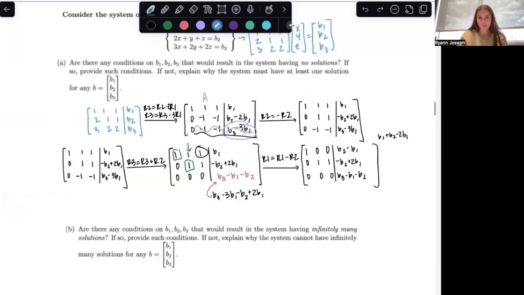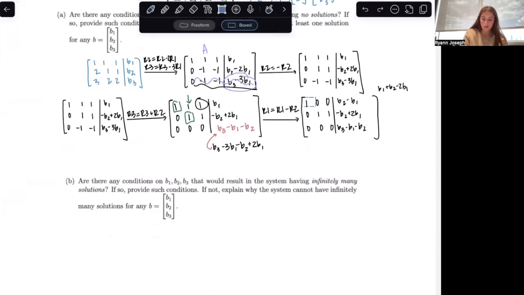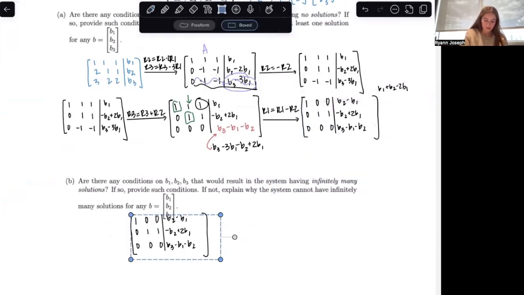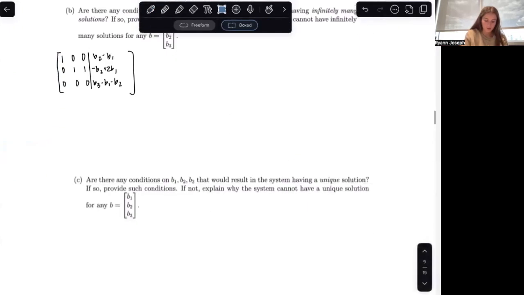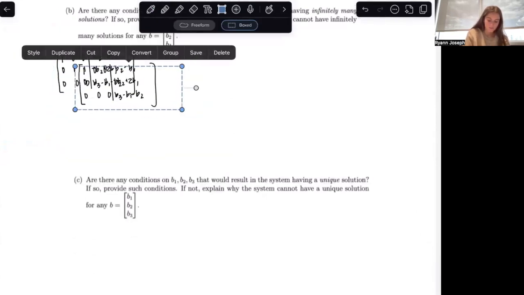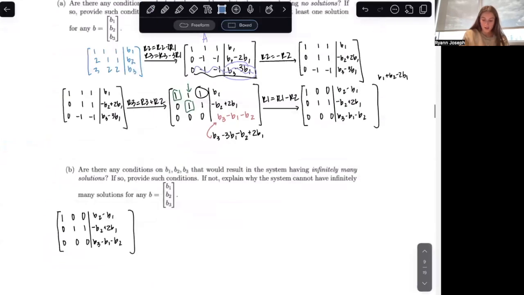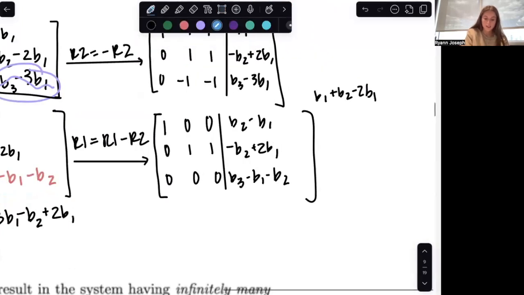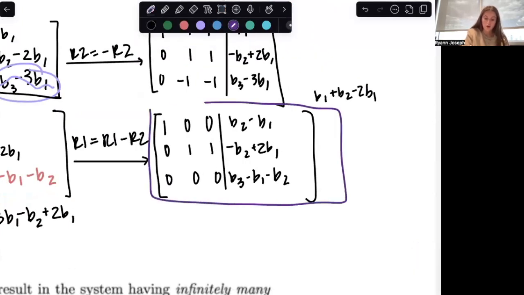Okay, now that we solved for the reduced row echelon form, it's asking us, are there any conditions on B? I'm just going to write this, because we're going to need it for the other questions too. Is there a case where this system can have no solutions?